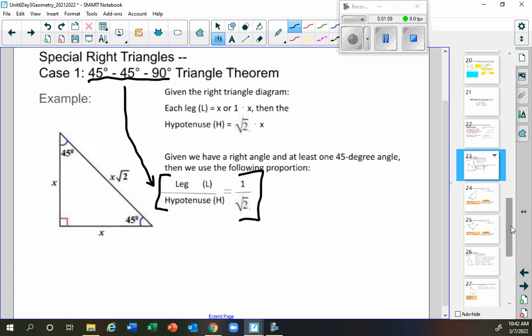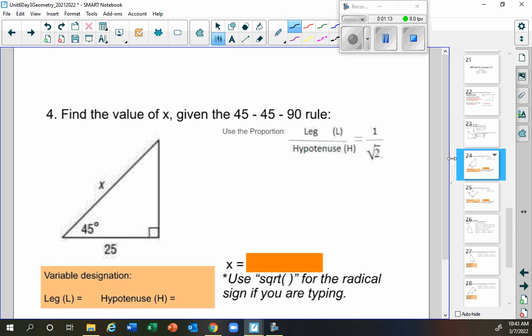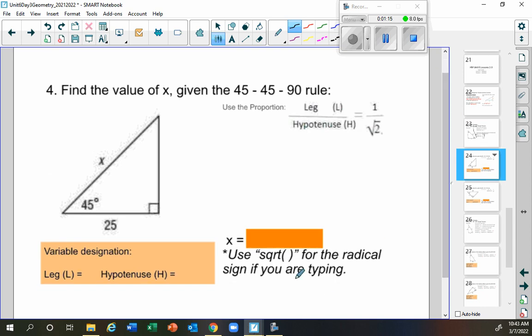So if we look at this first problem, now, don't necessarily need this part. Cross that out. But the goal is, well, you have a 45-degree angle. This one's going to be 45, that one's 90.